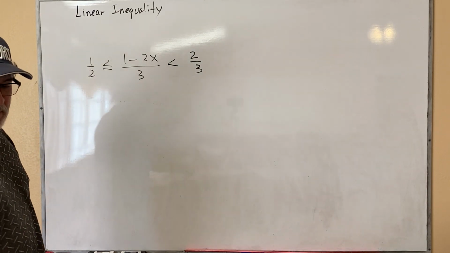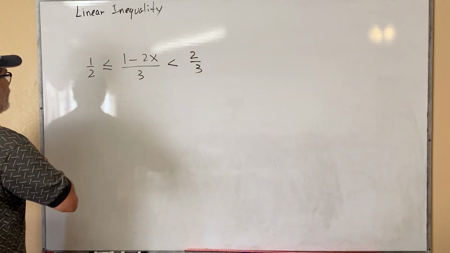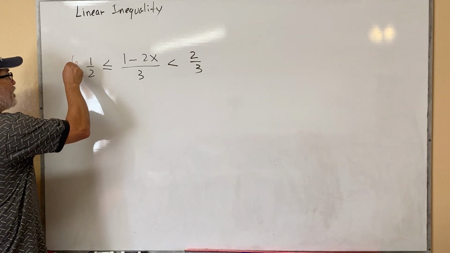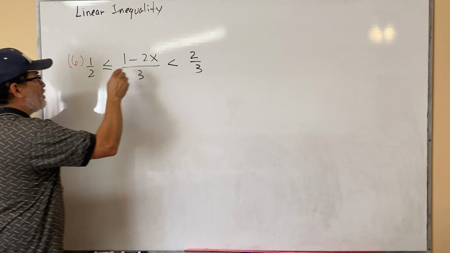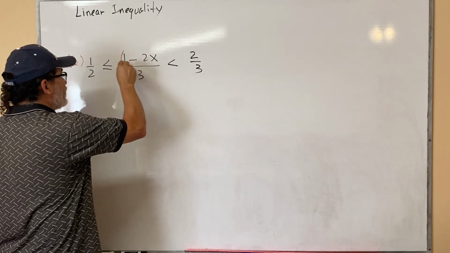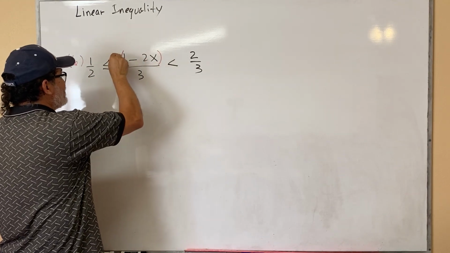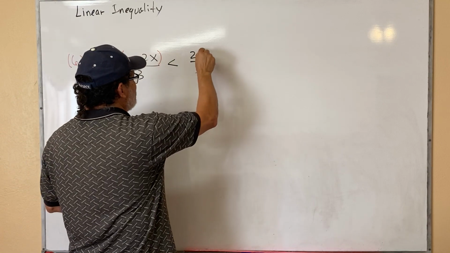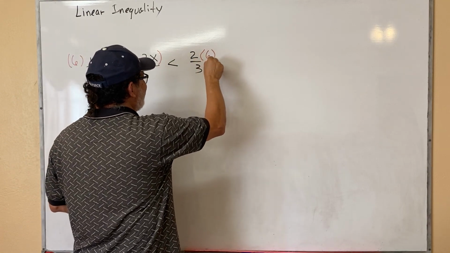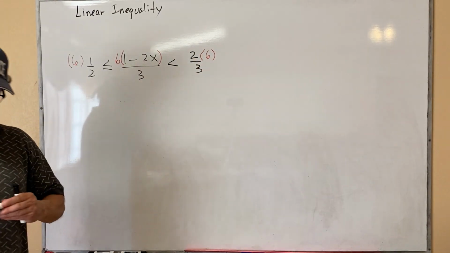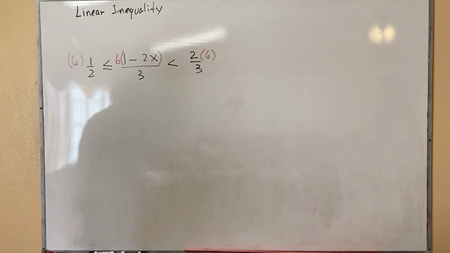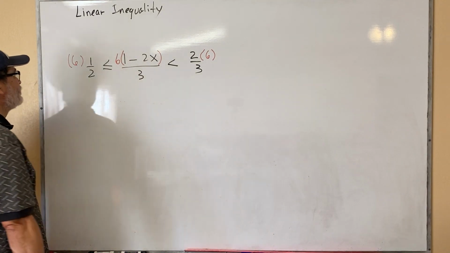So let me multiply this numerator by 6, this numerator, if it is parentheses, by 6, and this numerator by 6. And that's going to get rid of fractions.